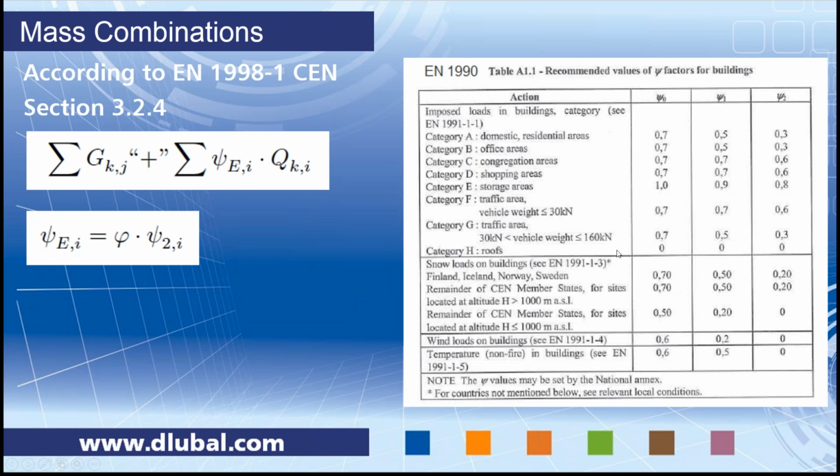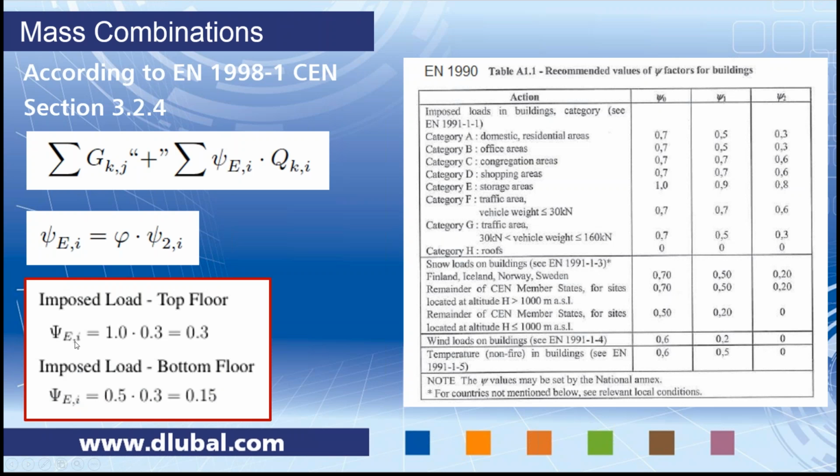And just to show you the values of psi_2, that's the last column here, we have to apply a value of 0.3 in case of a category A and B. So that's our mass case type. So we have to calculate 1 multiplied by 0.3 for the top floor, and for the bottom floor we apply the 0.5 here.